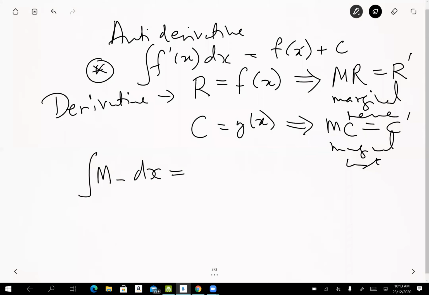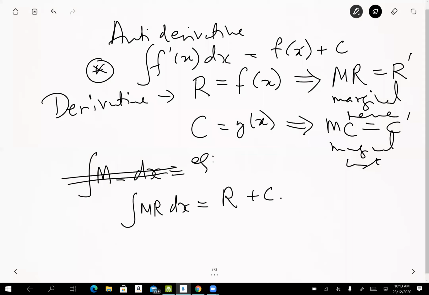So this is not a good idea to explain in the abstract, so we go by example. Let's say I know the marginal revenue. I integrate the marginal revenue, I will get the revenue, plus C. So the concept is the concept of antiderivative.